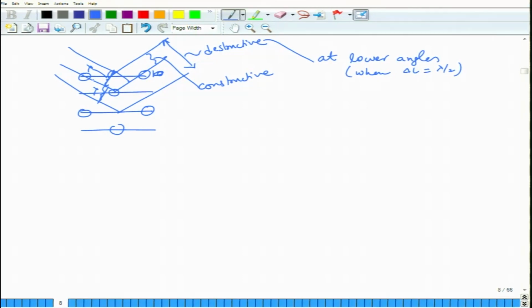This is the first plane, this is the second plane, these are successive planes. And when you go to higher angles, the delta L becomes lambda, then the diffraction occurs. So the 200 peak is nothing but second order 100. So the position of atom makes a difference there.